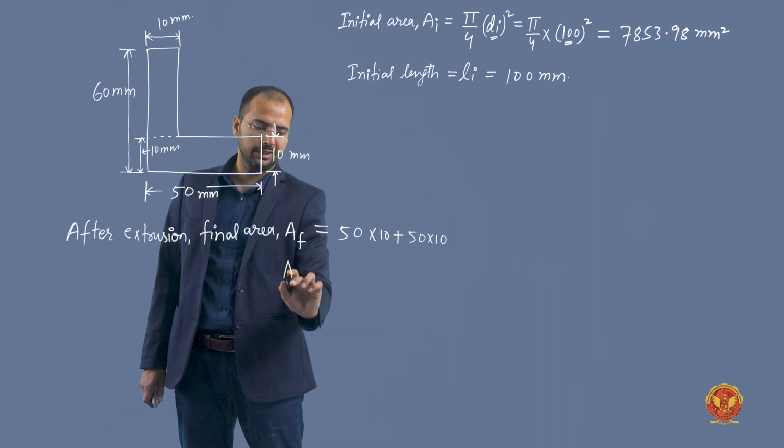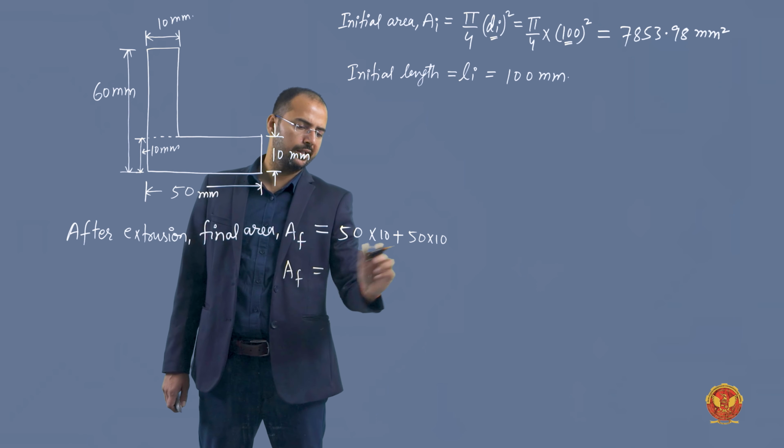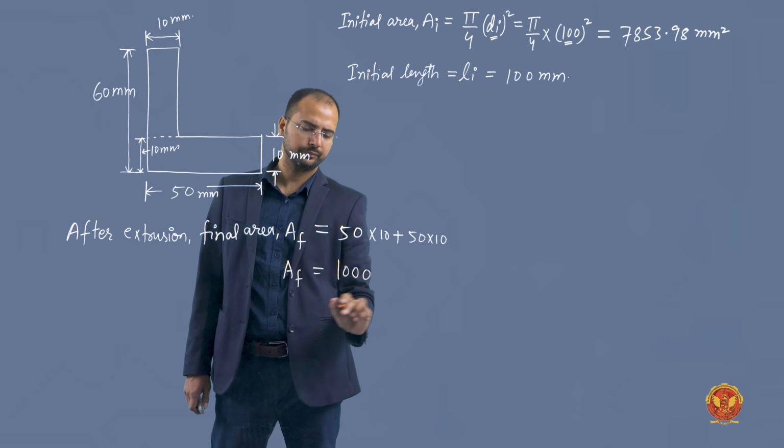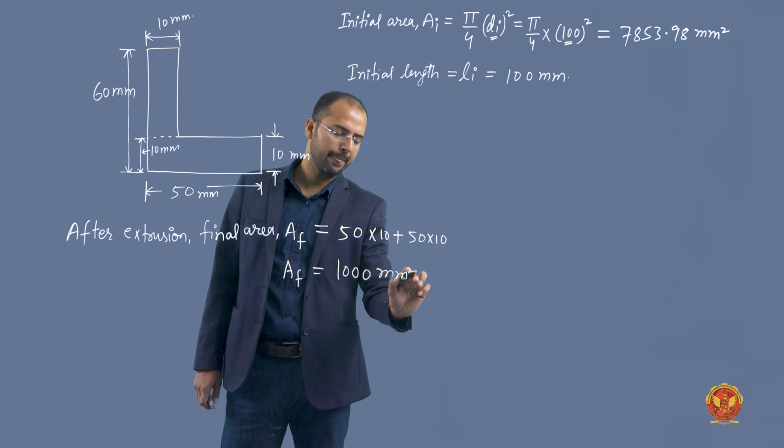So the final area we will get, AF as 500 plus 500, that is 1000 millimeter square.